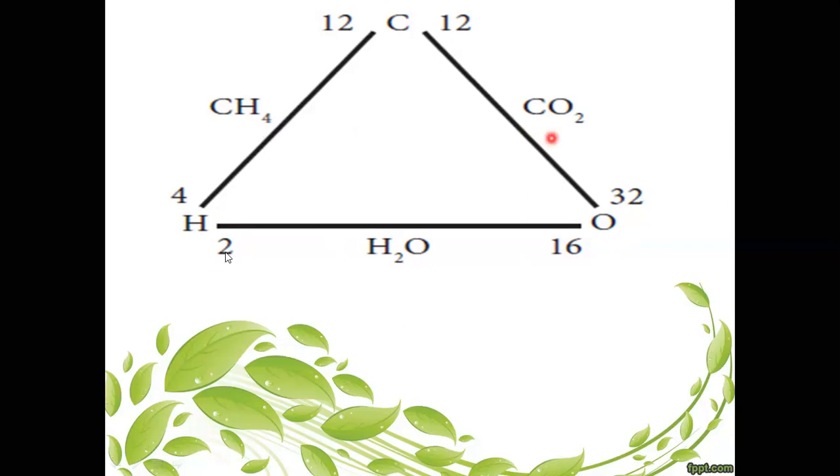Two different elements, for example hydrogen and oxygen, combine with a fixed mass of a third element, that is carbon, to form compounds, that is methane, CH4, and carbon dioxide. So this is the example of the law of reciprocal proportions.